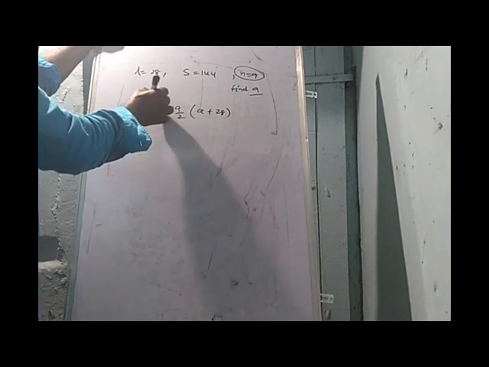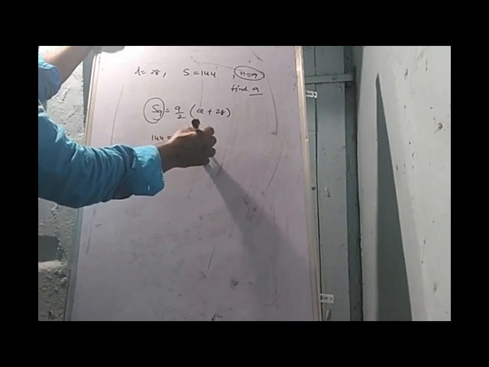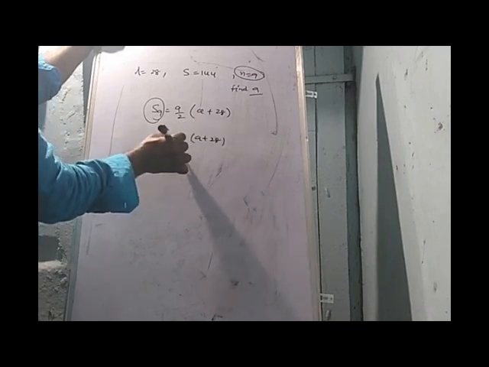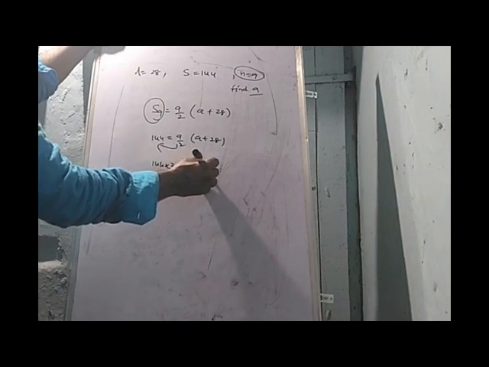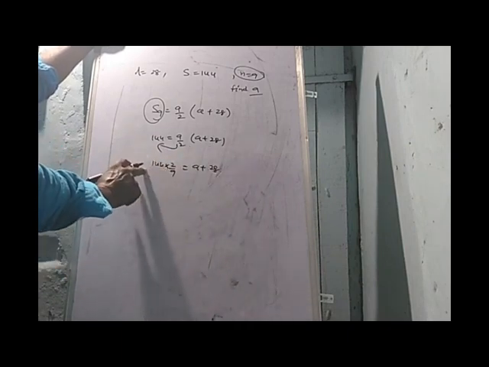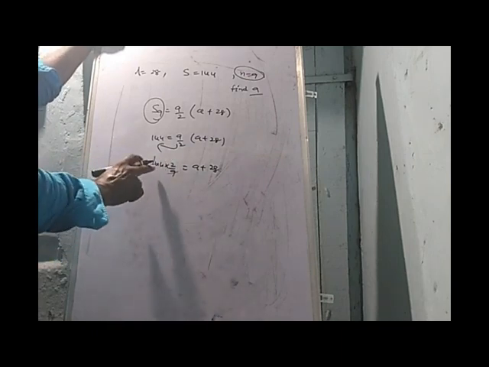And you already know the sum value, 144. So 144 equals 9 by 2 of (a plus 28). This 9 by 2 is transposed to this side: 144 into 2 by 9. The answer is a plus 28. And we can cancel by 9. 9 ones are 9. And what is left here?